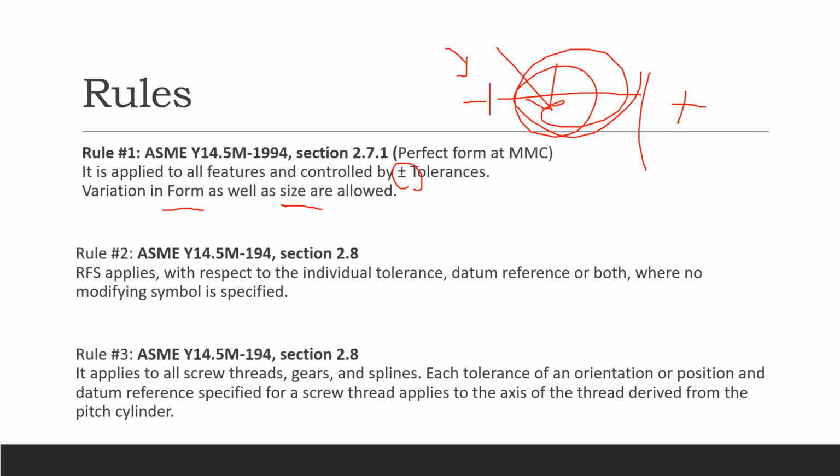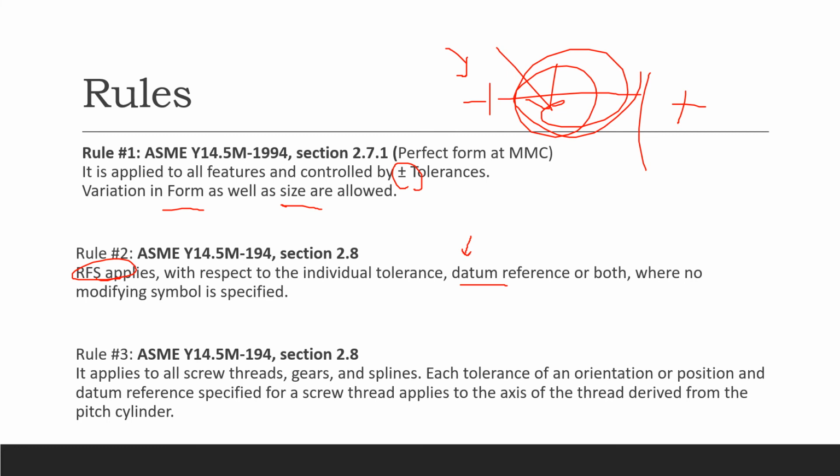Rule number 2, go to section 2.8. It's saying regardless of the feature size applies. We're dealing with whatever size there is with respect to the individual tolerance. Your datum, that's a point, an axis, or a plane that references, or both, where no more defined symbol is specified. But here, rule number 2 is just that we're dealing with any size, and we're measuring from a datum.